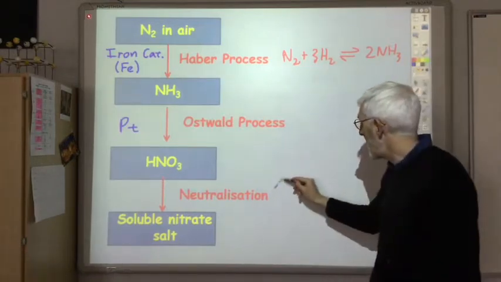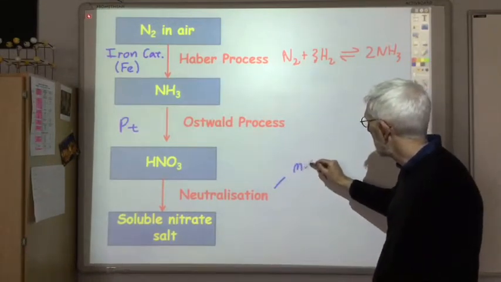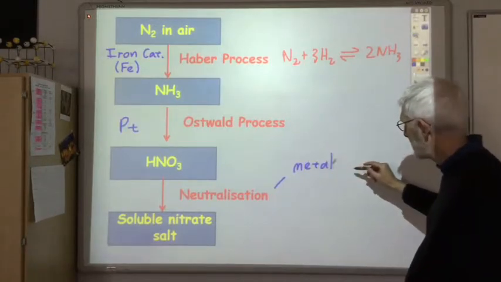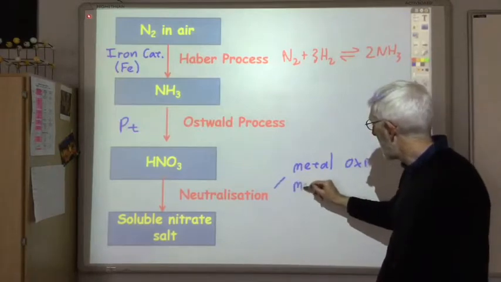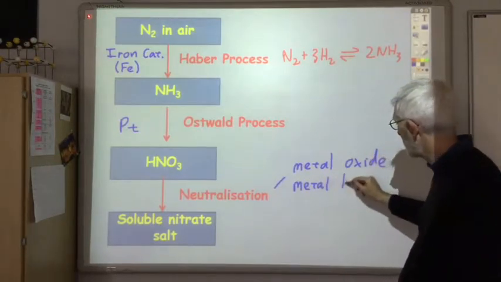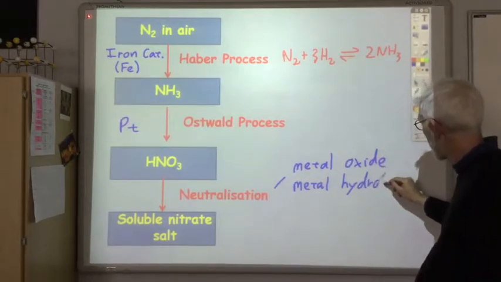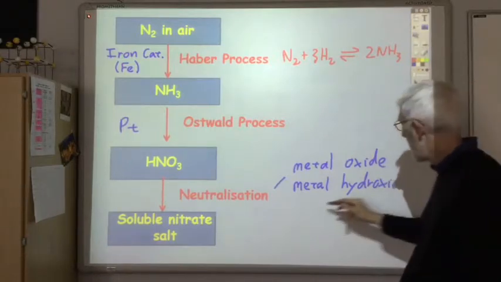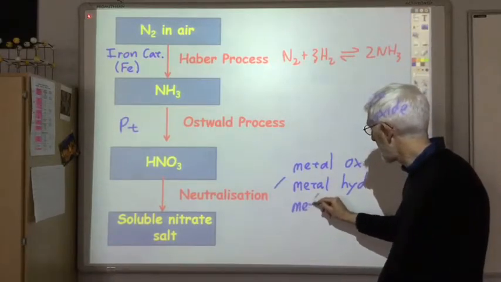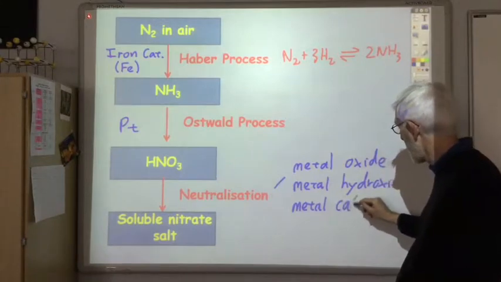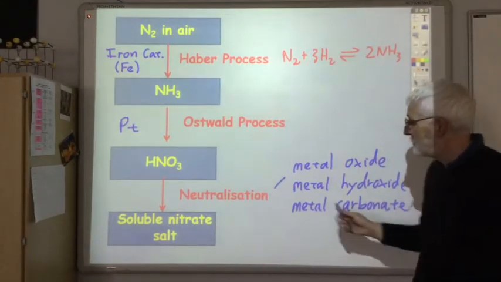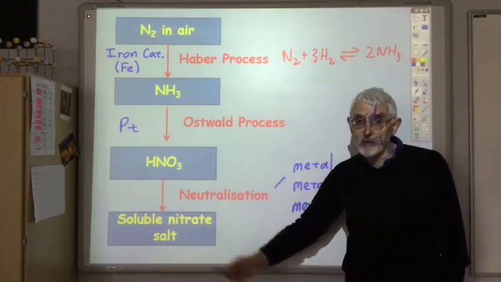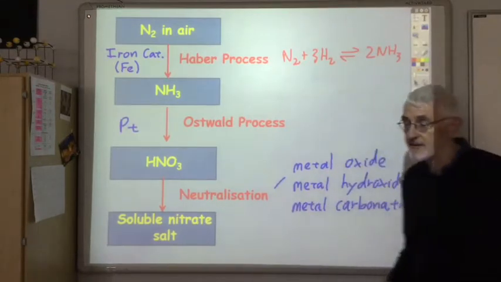So we do react the nitric acid with a base, so a metal oxide, a metal hydroxide, or a metal carbonate, to produce a soluble nitrate salt, which can then be used as a fertilizer.